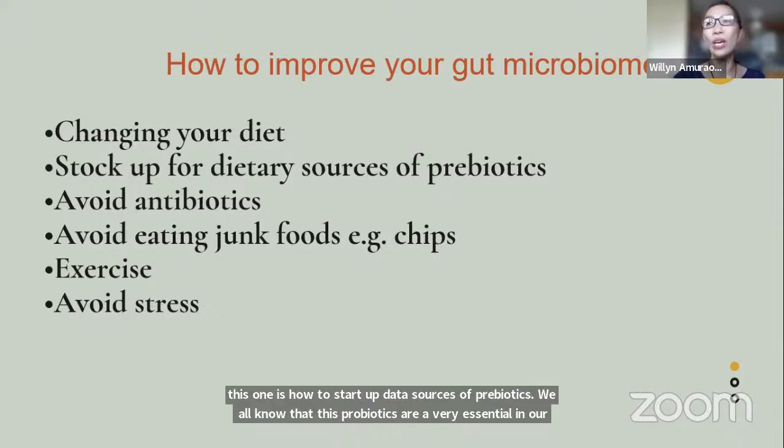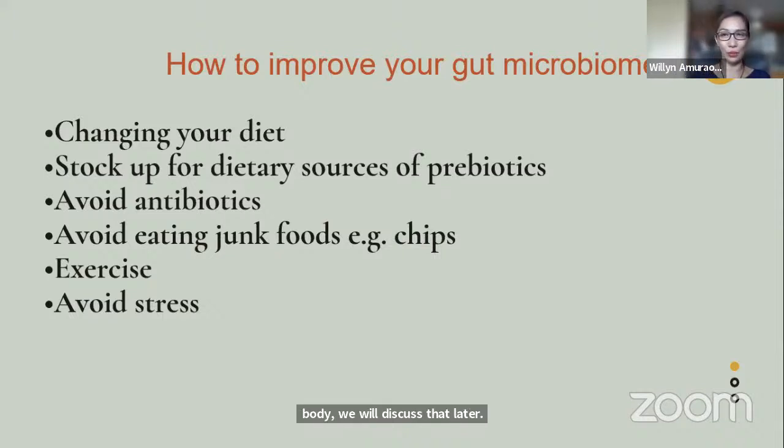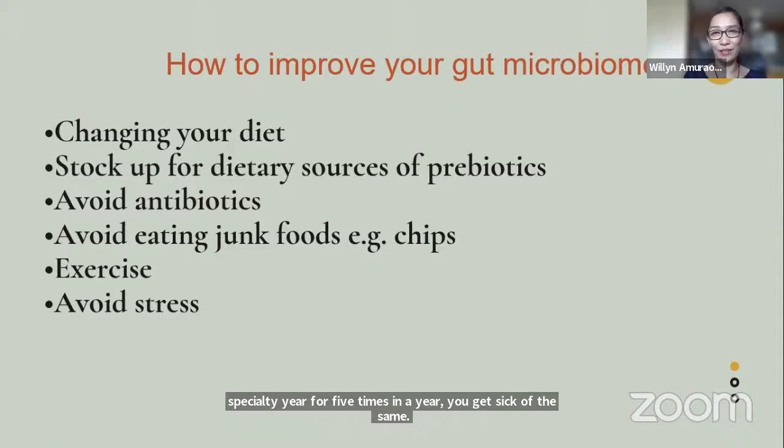And then you have to avoid antibiotics. Why? We all know that antibiotics are very helpful, especially if you got sick. But the thing is, antibiotics also will destroy your gut, especially if 5 times in a year you get sick of the same disease.